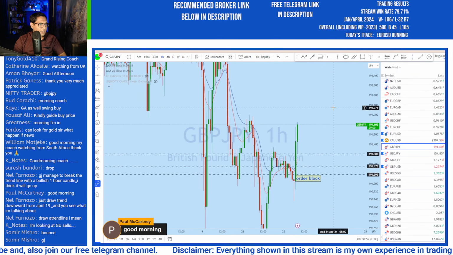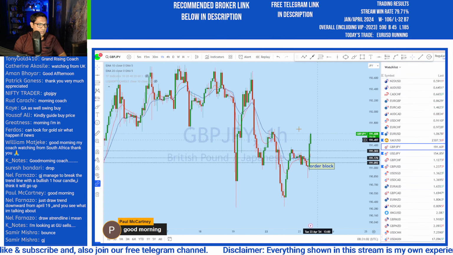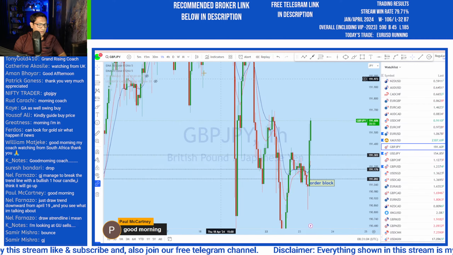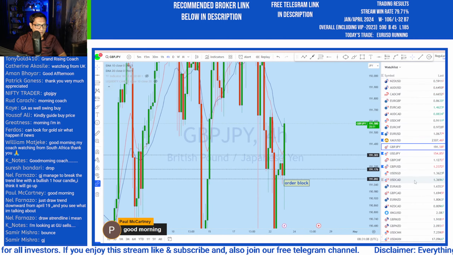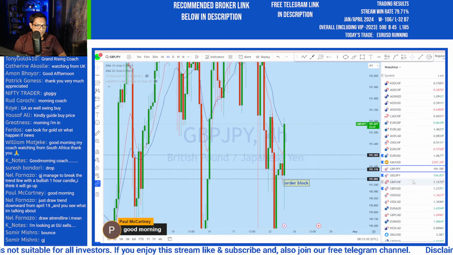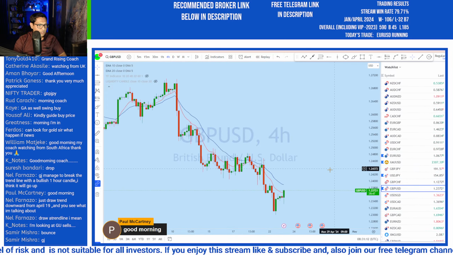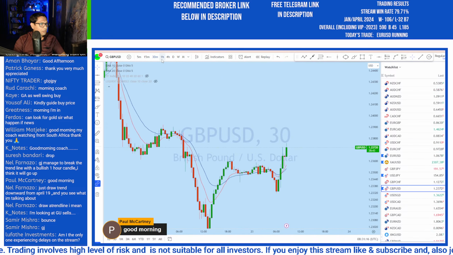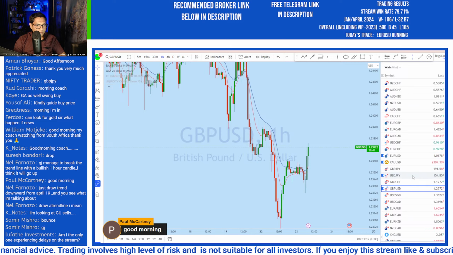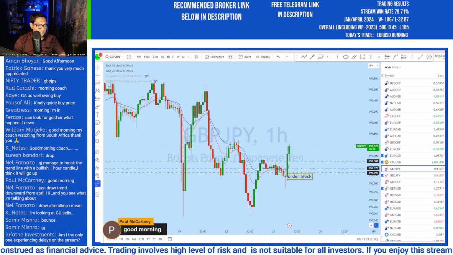So GJ basically, as I mentioned, it just entirely bounced off that level. And looking at GBPUSD, we might see the same situation. Yeah, a bit of a bounce on GBPUSD as well. Let's keep that on GJ.